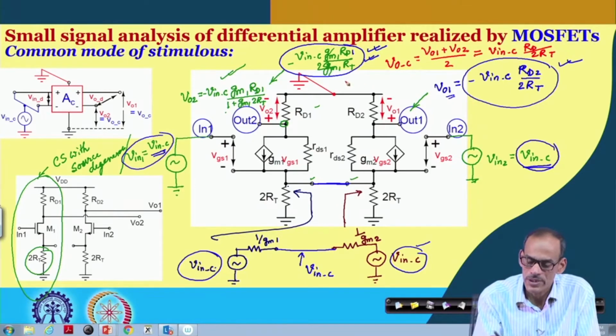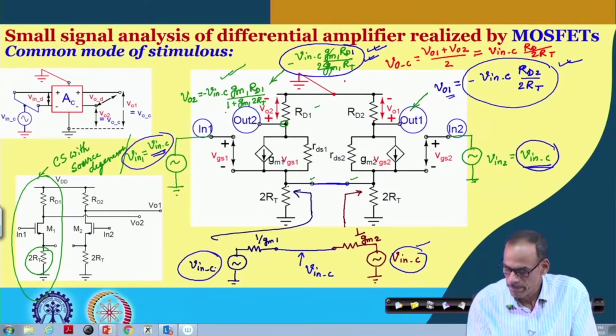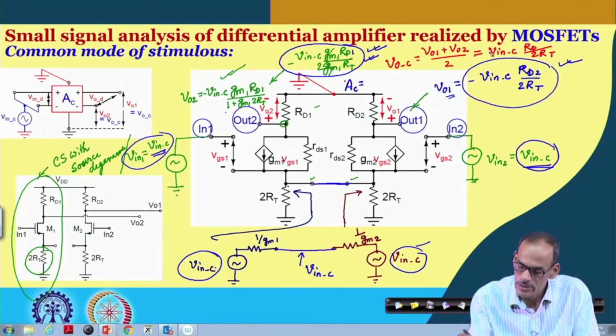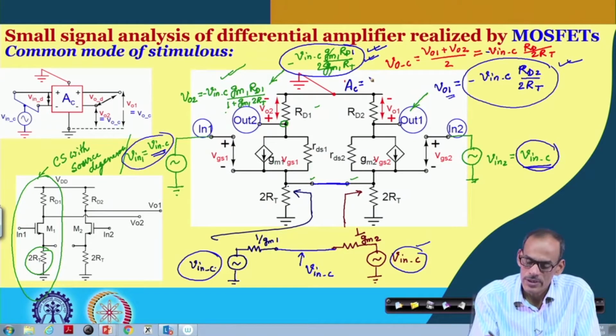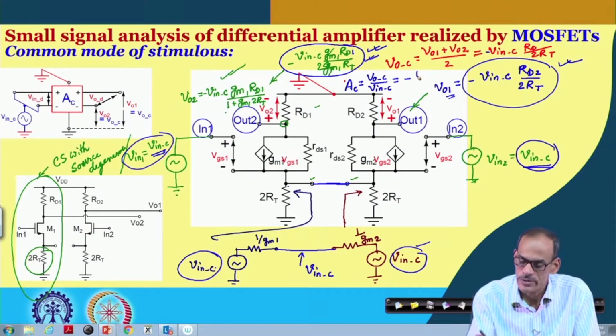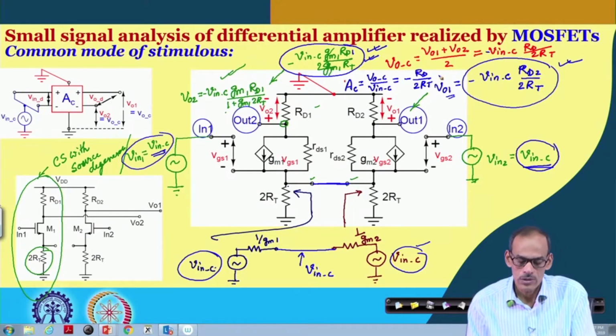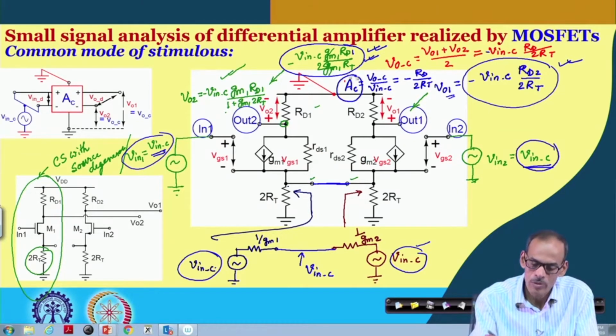In fact, that gives us the common mode gain AC, defined, of course, with a minus sign. So, AC, which is defined as VOC divided by V in C, equals minus RD by 2 RT. Okay, so that is the common mode gain.